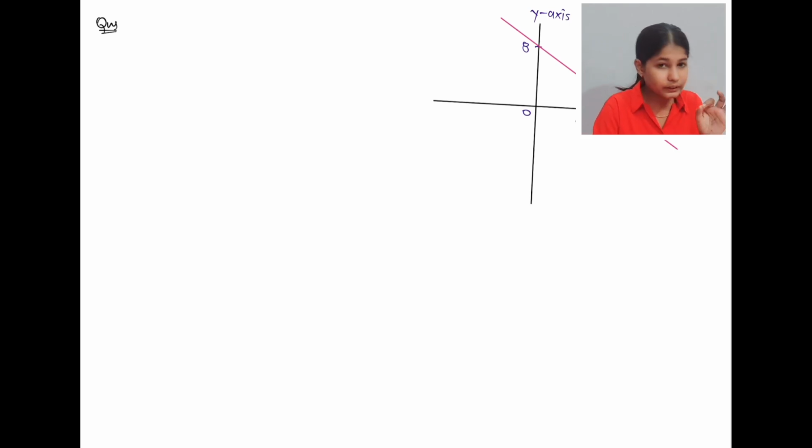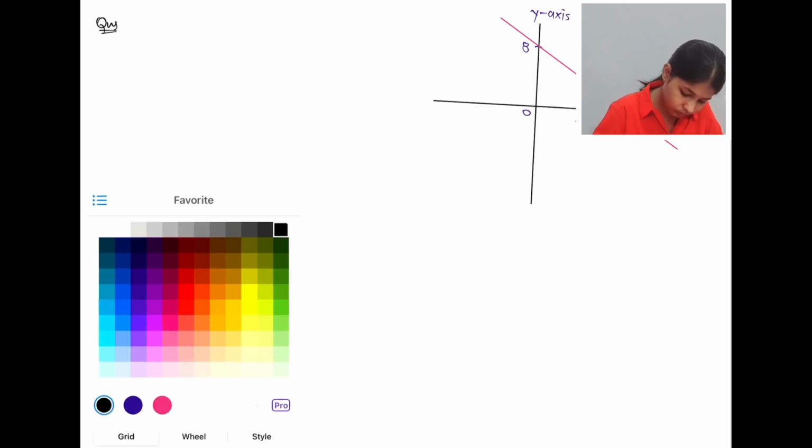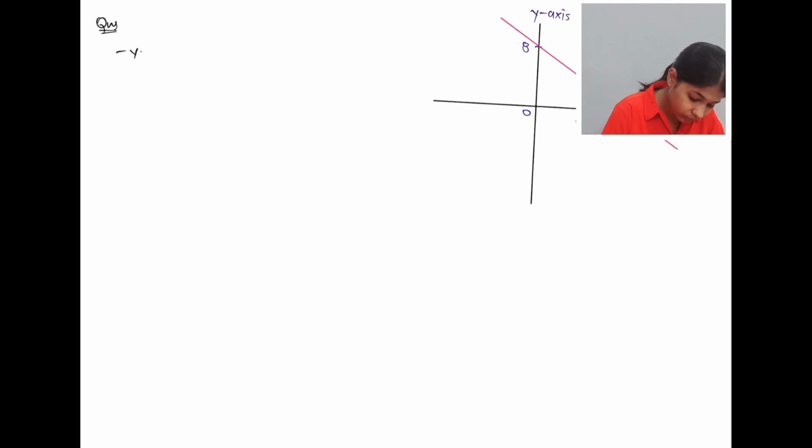By observing, can you see here that our y-intercept, where the slope line is intersecting the y-axis, is at 8 unit? Yes. So can I write y-intercept, then our slope.